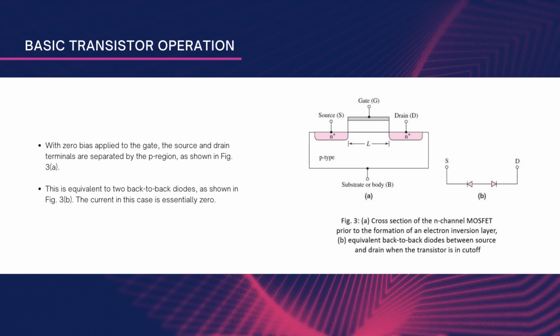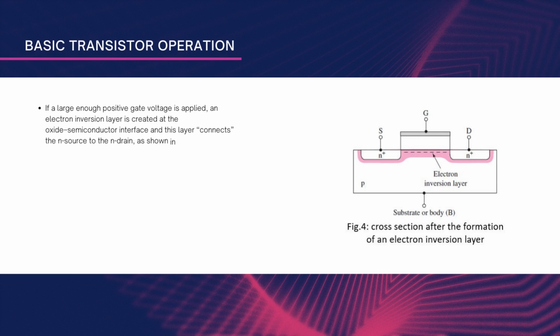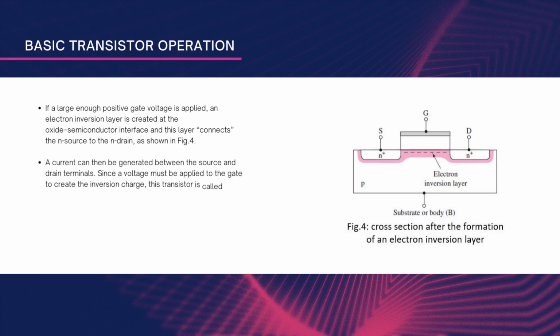So, here we can see the simplified structure for an N-channel MOSFET prior to the formation of an inversion layer, and the second figure shows the equivalent back-to-back connected diodes between the source and the drain when the transistor is in cut-off condition.